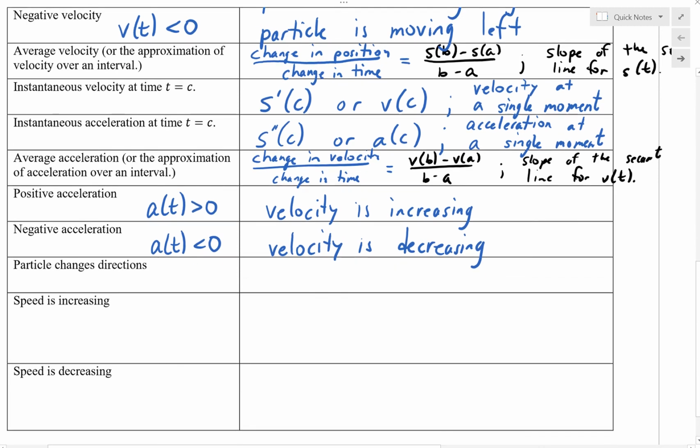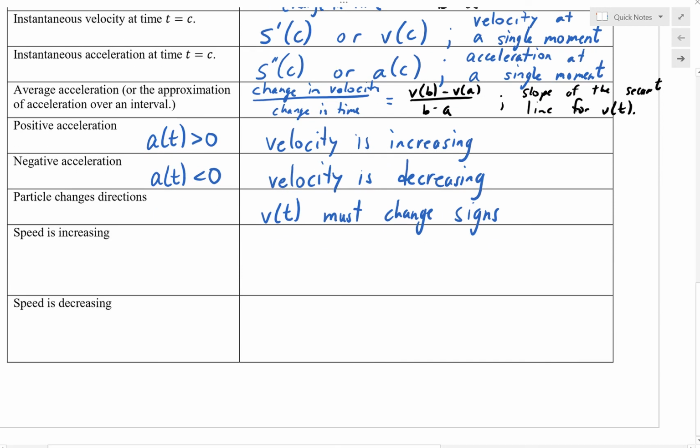In order for a particle to change directions, think back to what we said earlier: when there is a positive velocity, the particle moves right, and when there's a negative velocity, the particle moves left. So in order for a particle to change directions, v of t must change signs. It would not be enough for v of t to become 0. v of t must change signs.